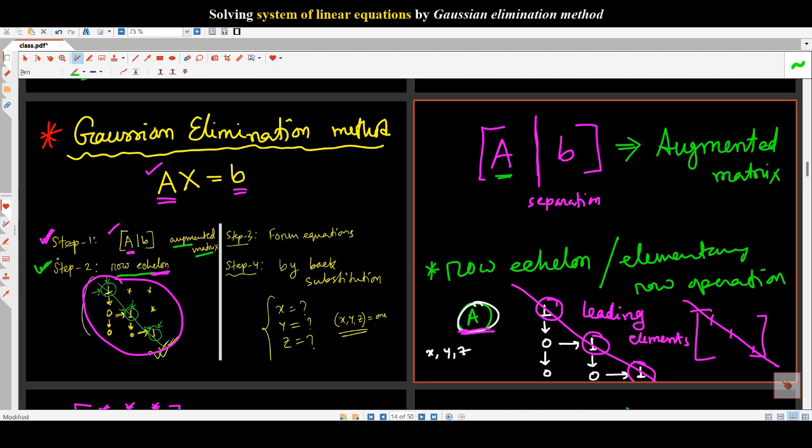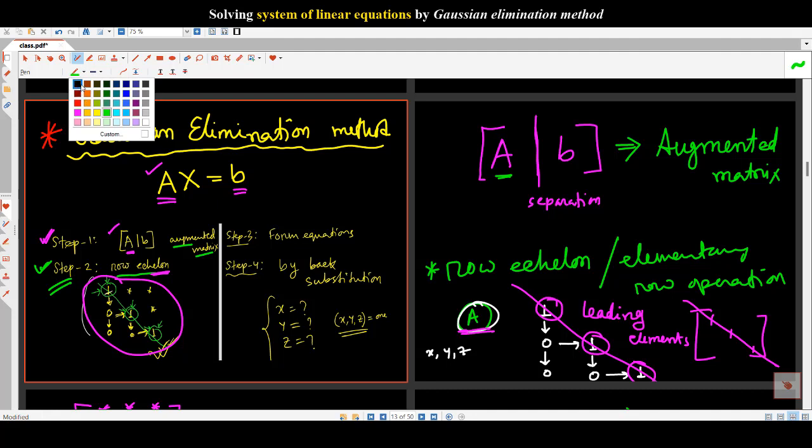So this is step 2. We will talk about step 2 again, but let's move to step 3 and step 4. Once we are done with step 2, then in step 3 we have to form equations again.